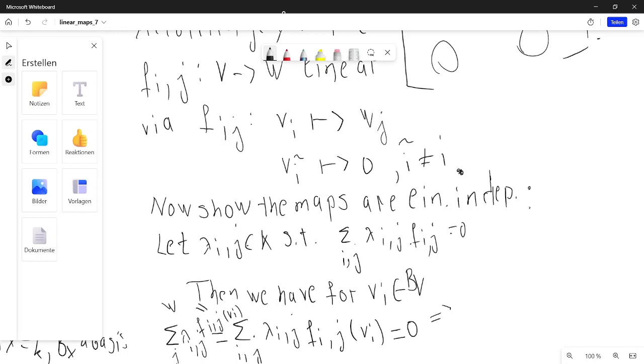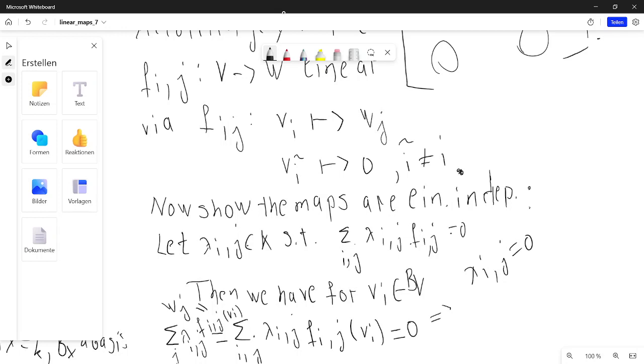You recall, this is just how it was defined, right? We conclude from linear independence of Wj's that this is 0.